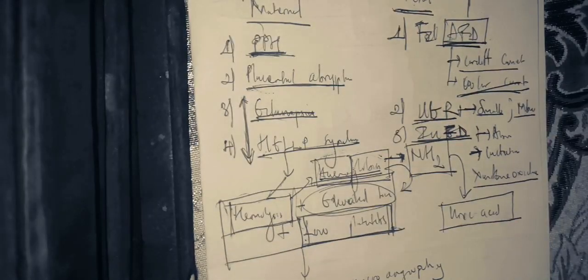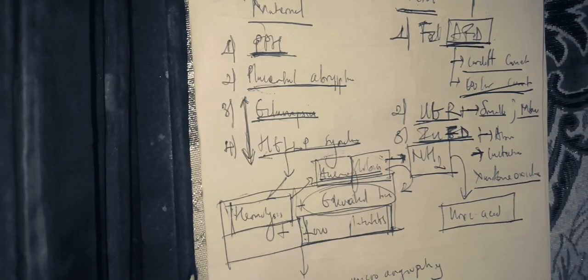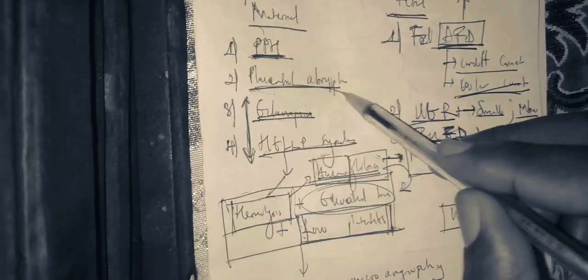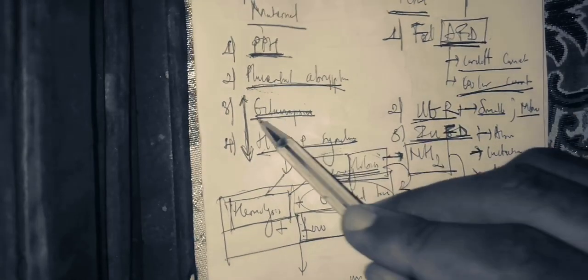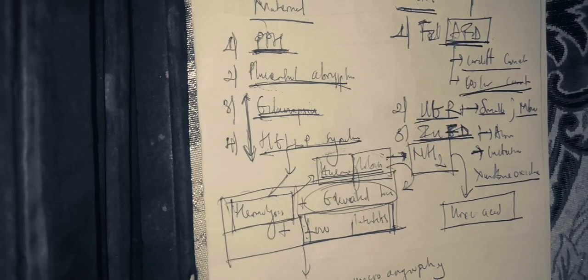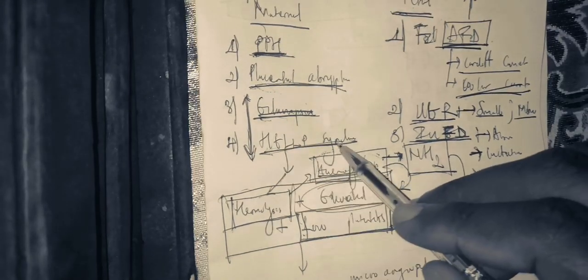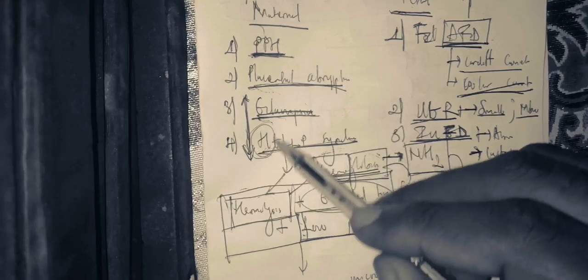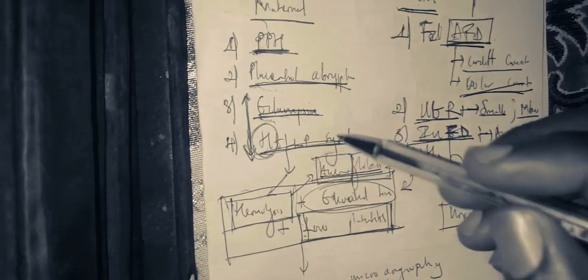For placenta abruptio, on obstetric ultrasound we do not visualize it, but you are going to have signs that I will explain later. Then you also have eclampsia. Eclampsia is clinical.